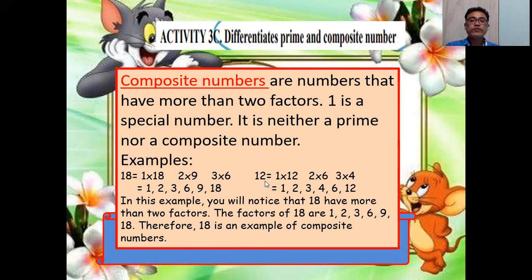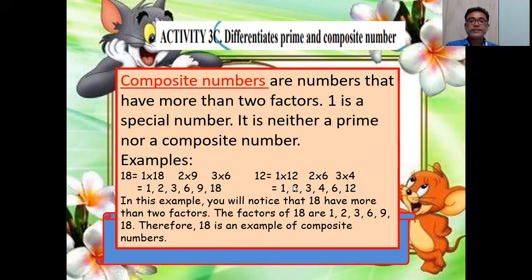We also have 12. 12 equals 1 times 12. 2 times 6 is 12. 3 times 4 is 12. And you will notice that 12 has more than 2 factors.